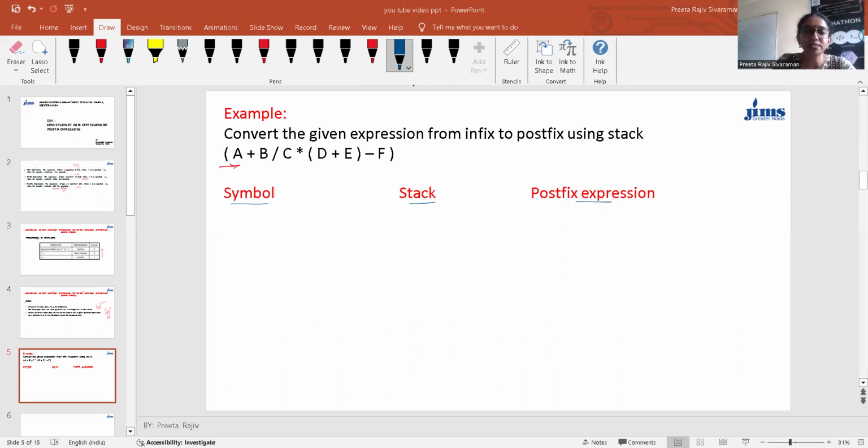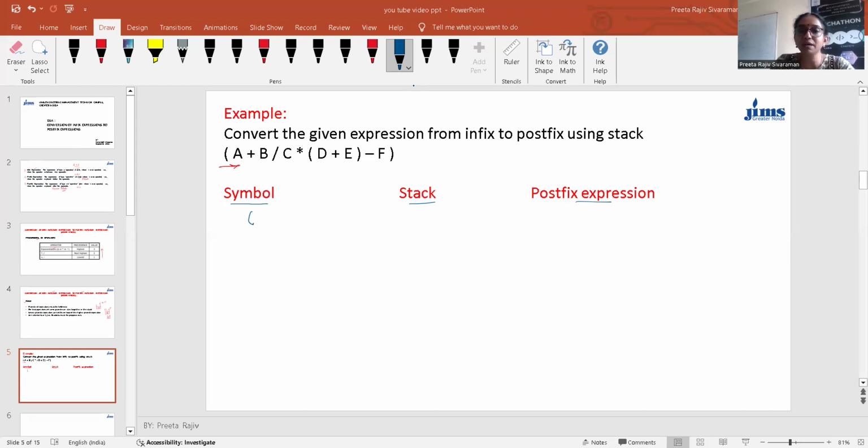Let's say the first symbol scanned is the opening bracket. One more thing: any operand which comes in the expression needs to be added to the postfix expression, and the stack holds the operators and the opening and closing brackets.